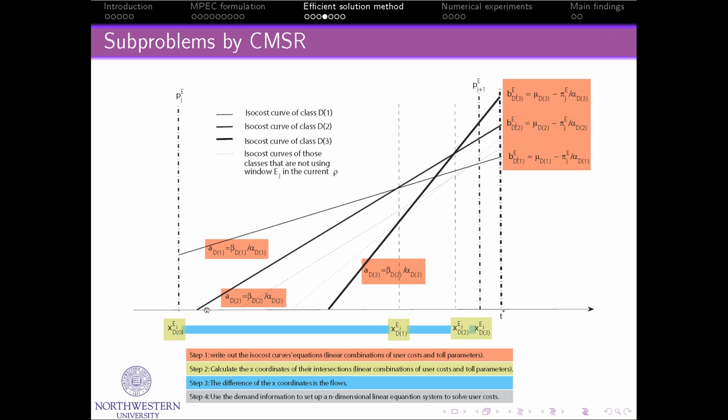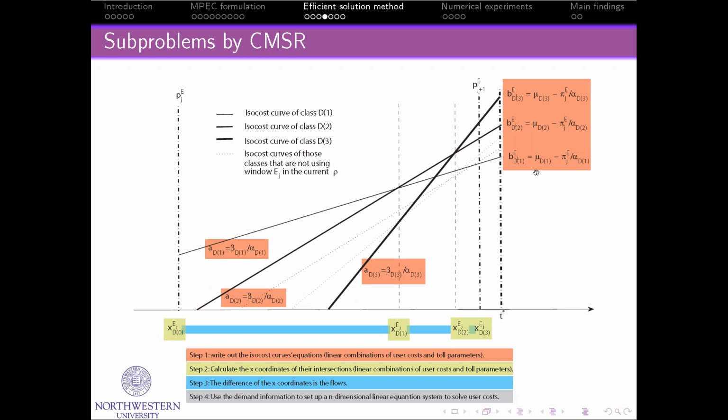They are straight lines, and we know the slope, and we know the intercept of them. They are linear combinations of user costs and toll parameters.